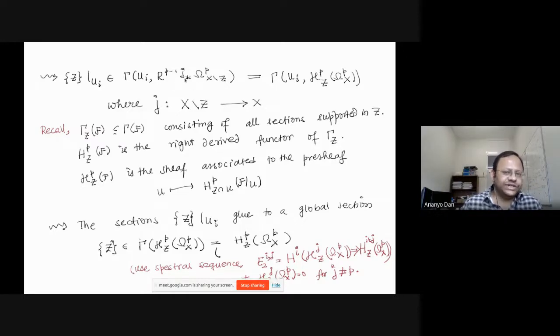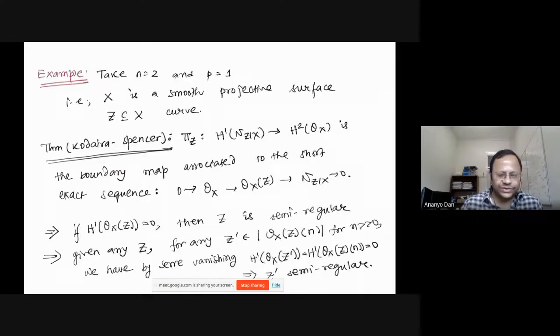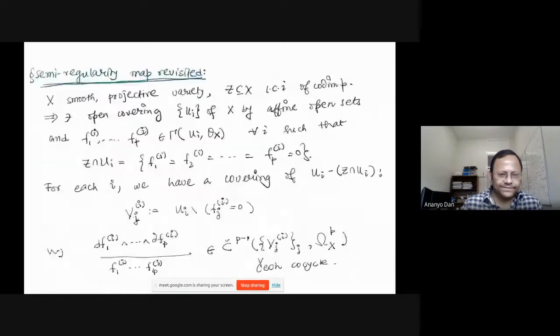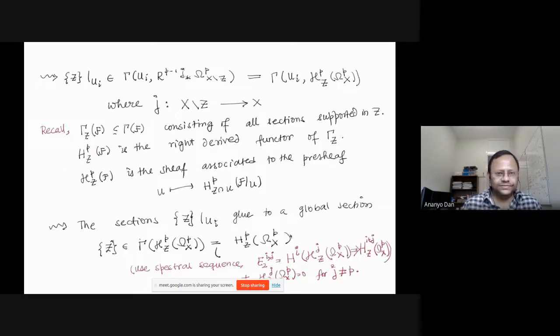Now this object here you can express in terms of Čech cohomology. On each of these U_i, it is going to be given by a Čech cocycle.